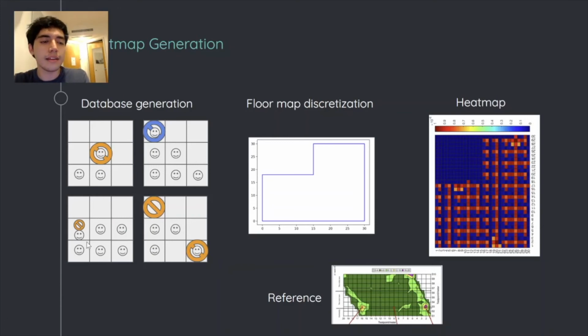After we did this, we had to discretize our original floor map. This floor map was discretized in all of these scenarios to distribute cracks along the floor map. And once the floor map was discretized, we generated our heat map. This is how the final heat map looks. You can see there are places in the middle of the heat map where there are higher mobility values.